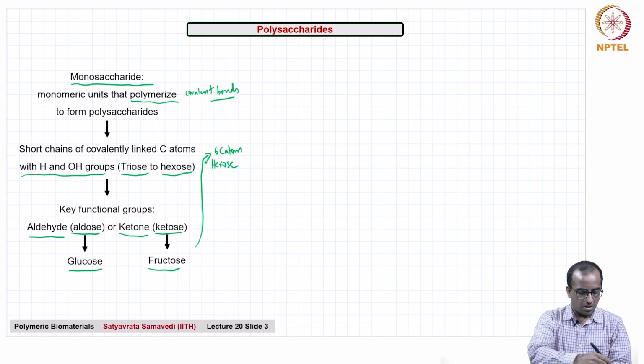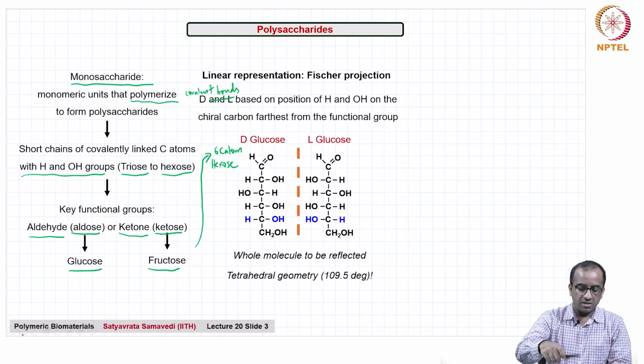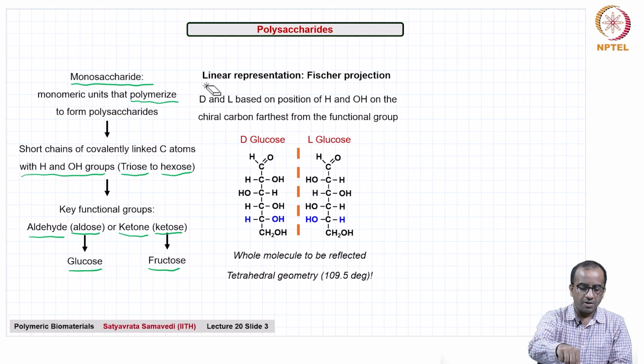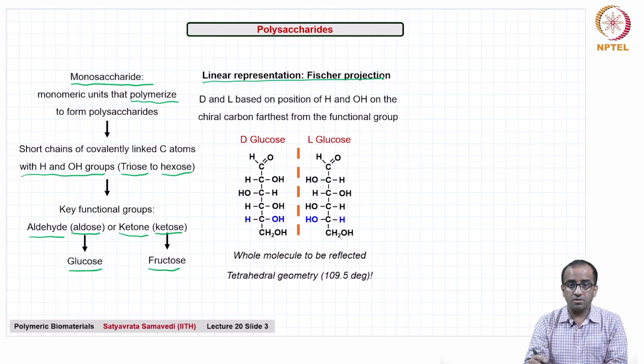Now, when we start to think about the structure of these monosaccharides, we will first look at the linear representation, or what is called the Fischer projection. We are showing here glucose and two versions of it. One you see is called the D-glucose, the other you see is called the L-glucose.